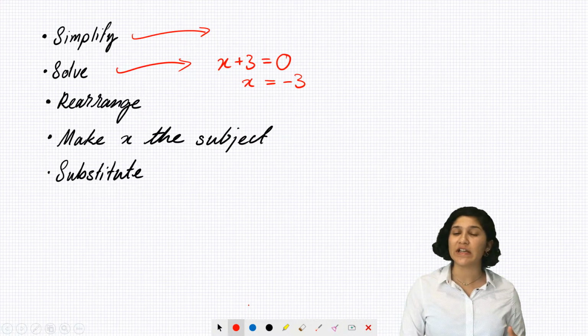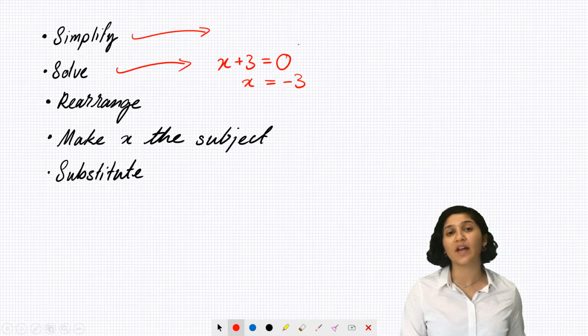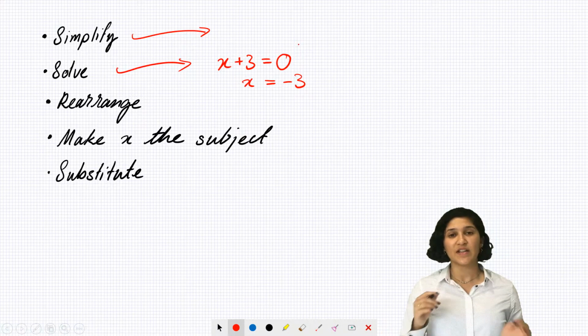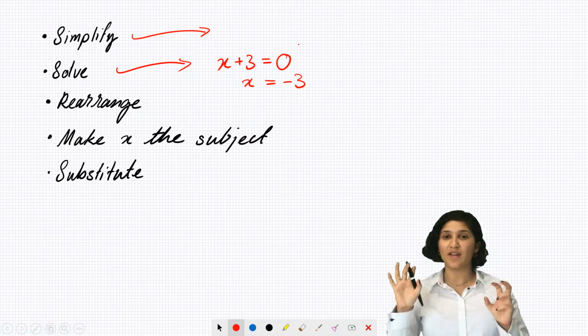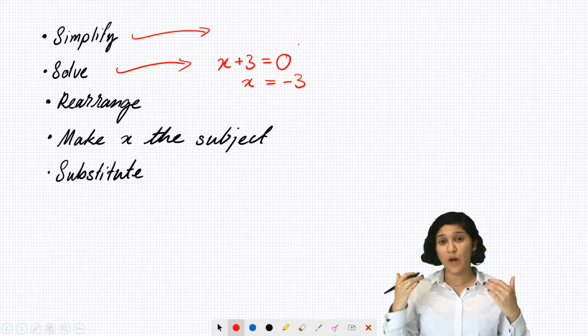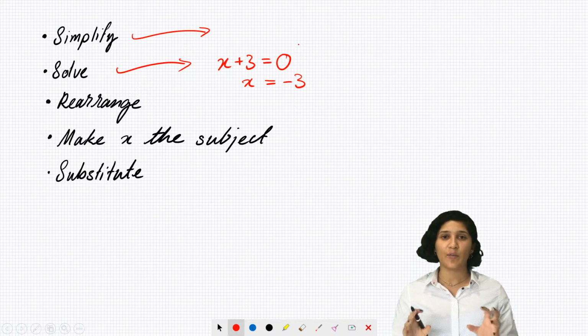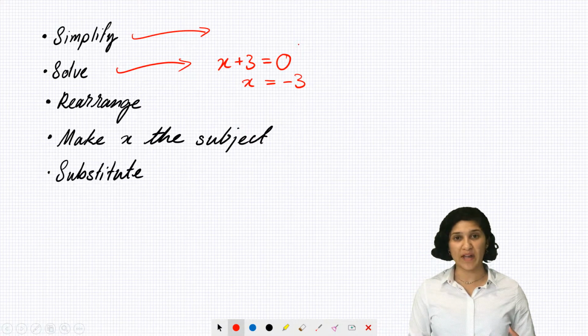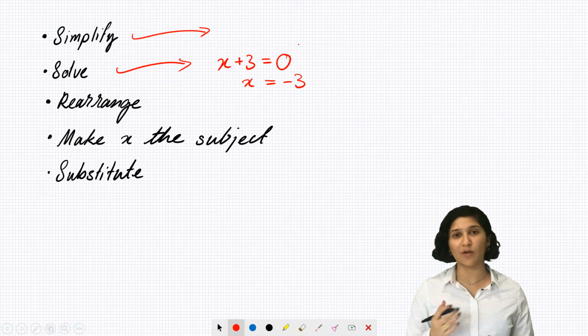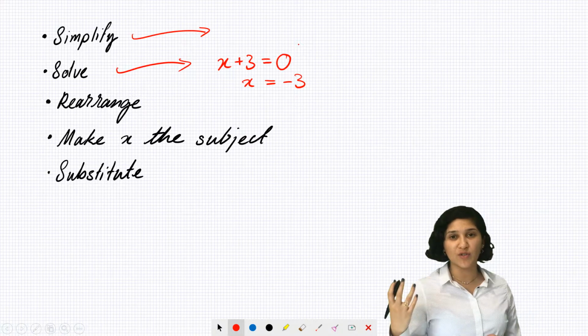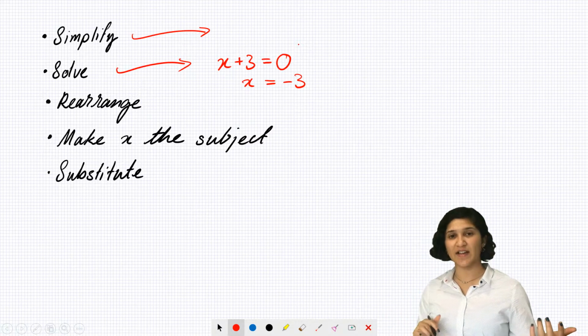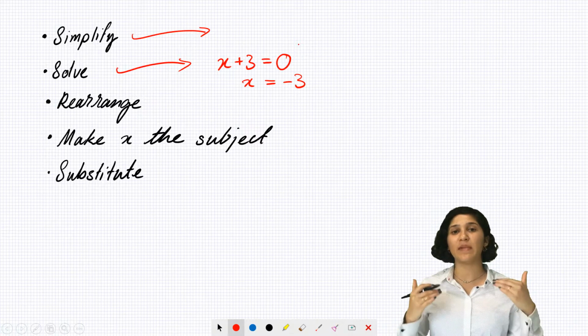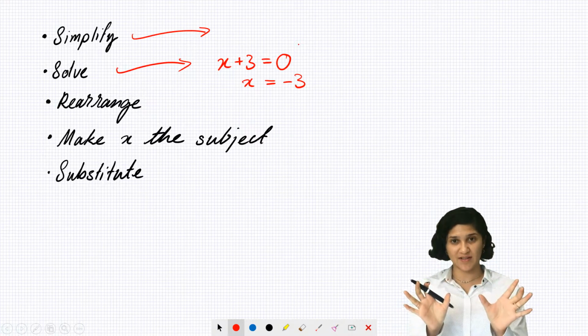So rearranging is actually what I did to this equation in order to solve for x. So it's just moving terms around so that the equation still means the same thing, but is written in a different way. So that's where all of our rules come in, that whatever you do to one side, you have to do to the other side, because you don't want to change the meaning of the mathematical sentence.